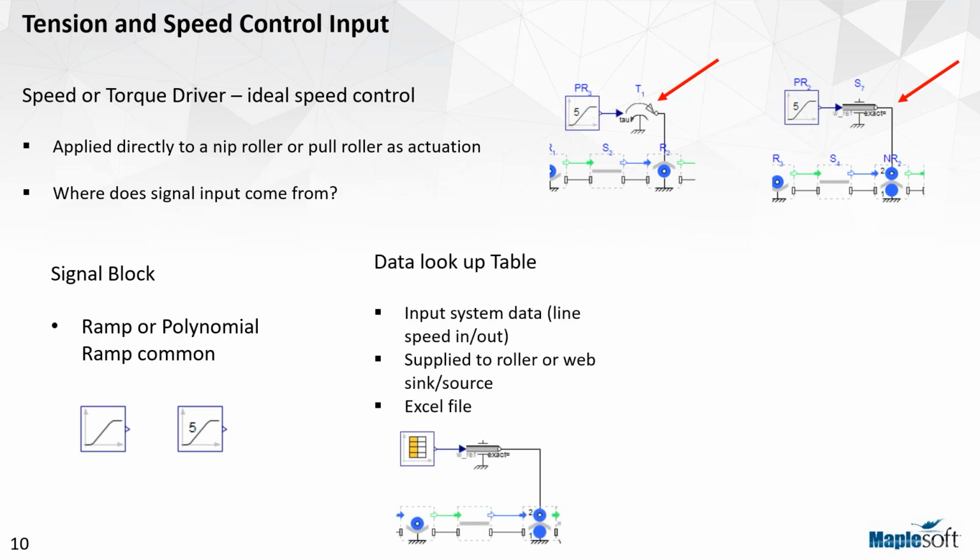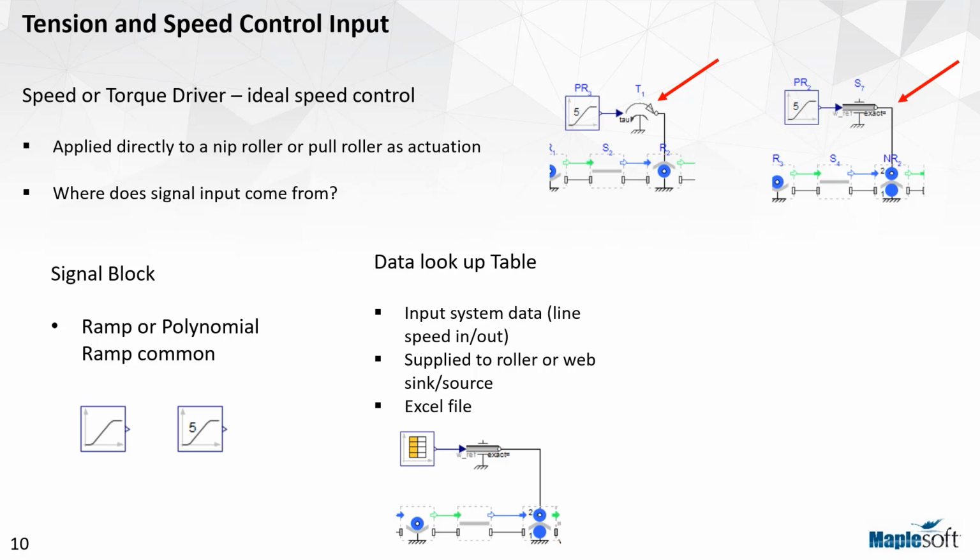You can also use a data lookup table. These are available in MapleSim. You can input your system data if you have that from your real world system, and then you can supply it directly from, say, your Excel file to your nip roller.